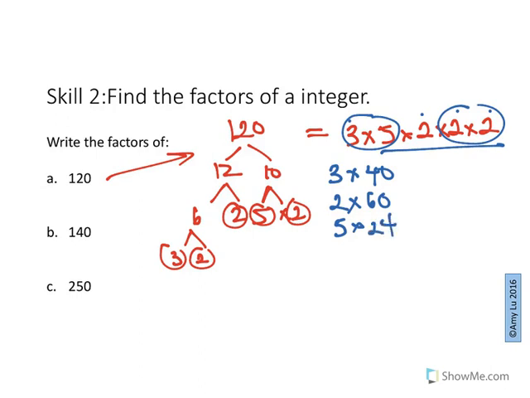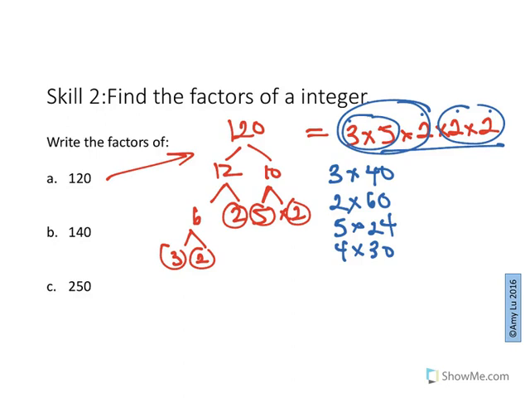I can also work with 4 times, because 2 times 2 is 4, 4 times 3 times 5 times 2, which makes 15 times 2, which makes 30. And so basically what you're trying to do is make up as many number combinations as possible to get all the factors.